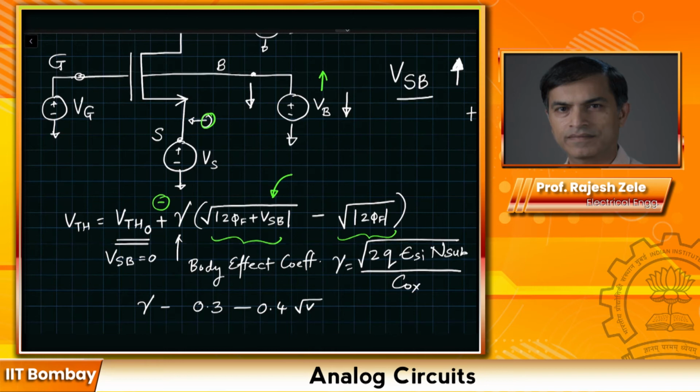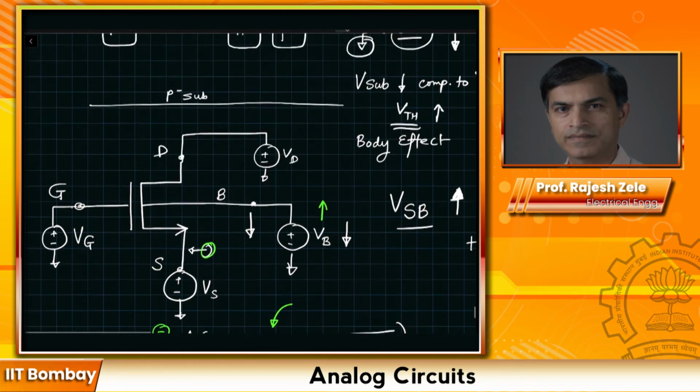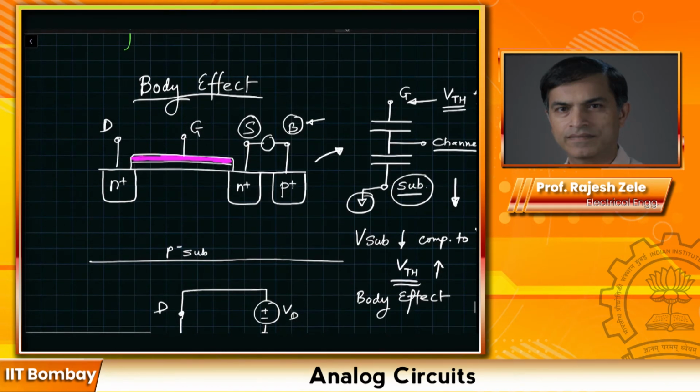I have myself used this effect in some of my designs. One caution though I would like to make sure is, whenever you do something like this, you should always look at the transistor cross section and see what's happening. You cannot just take voltages and move them around and expect the transistor to work. So for example, in this particular case, let's imagine this scenario, and I'm just trying to teach you a technique where you can yourself make a decision.